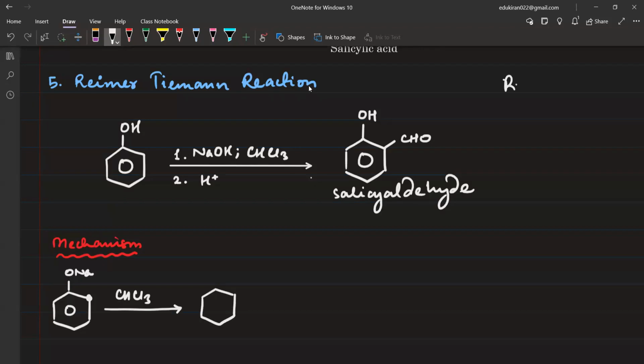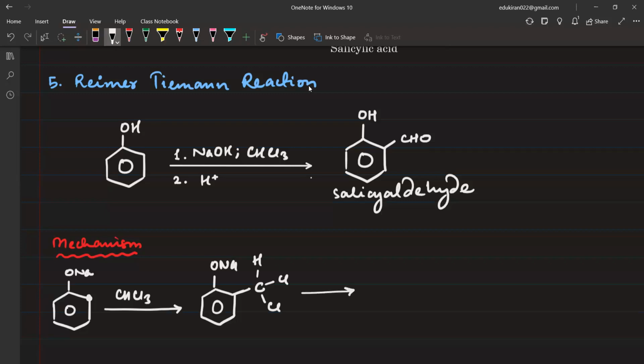You have RCl, Cl is removed, and R is attached on the ortho position. Same thing you are going to do. You are going to write the ONa as it is, and here we are going to attach carbon with one hydrogen and two chlorines.